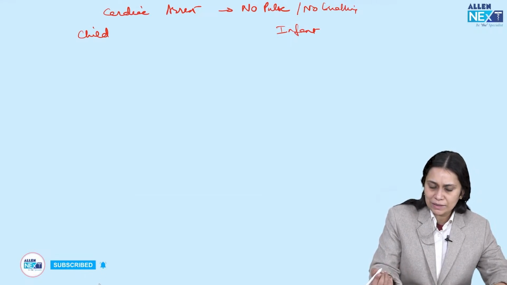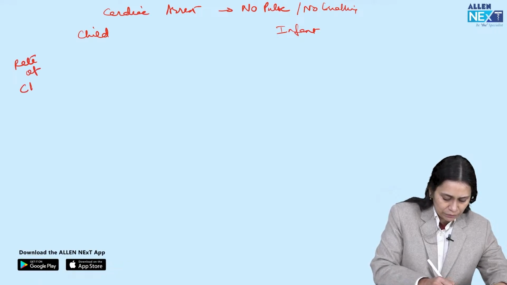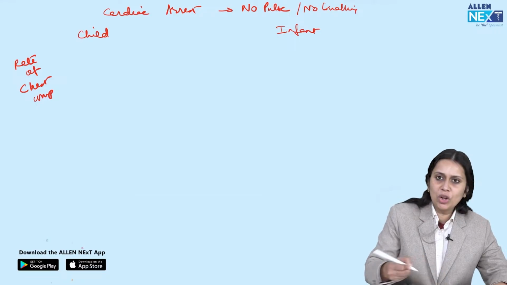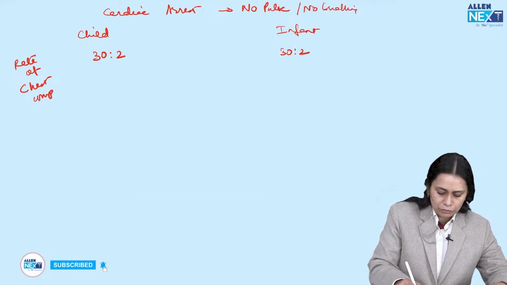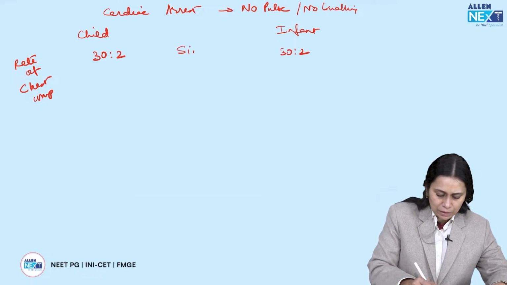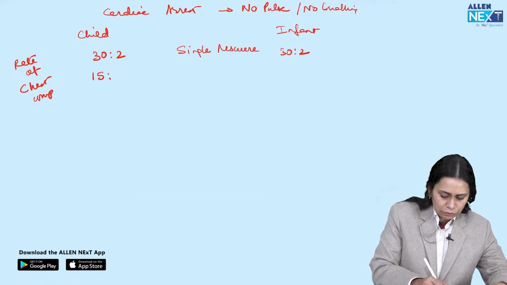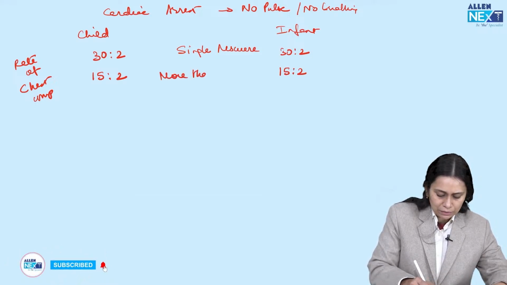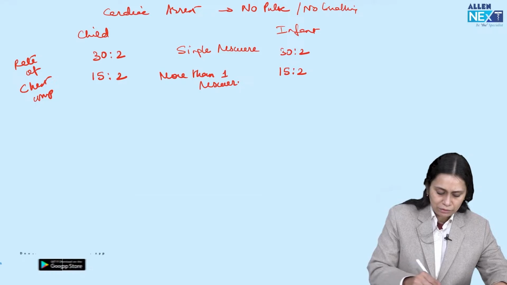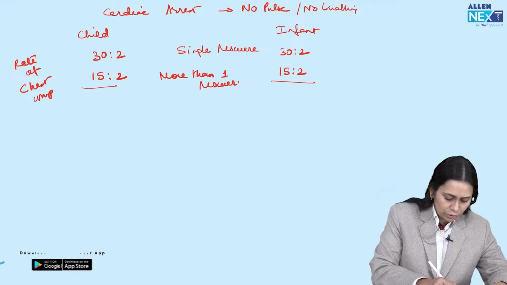We start with high quality CPR, and the compression to ventilation ratio in both child and infant is 30:2 if there is a single rescuer, and 15:2 if we have more than one rescuer. Okay, I mean this is ratio, not rate, ratio.